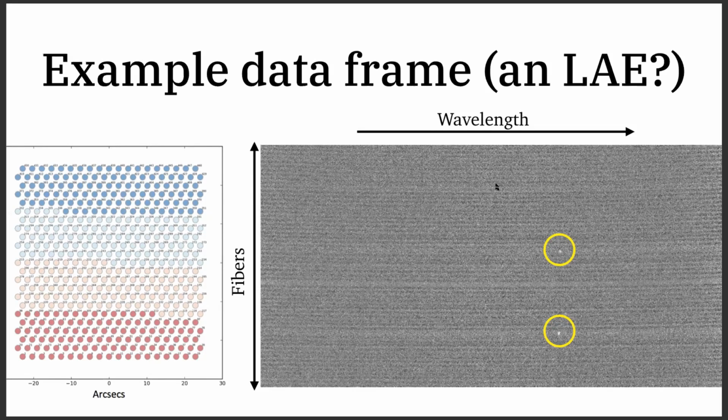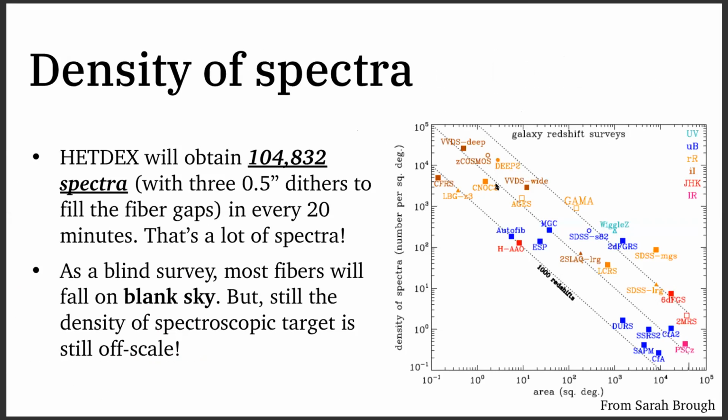And in terms of density of spectra, HETDEX is very nice. This is a figure from a page I made a while ago, kind of rough. We have the number of sky area and density of spectra. You can find your favorite survey. For example, GAMA is here. Sloan Main Galaxy Sample, 6dF, and CfA are here.